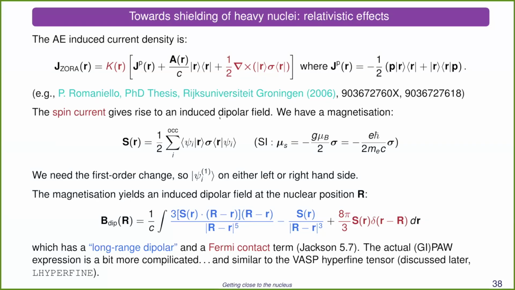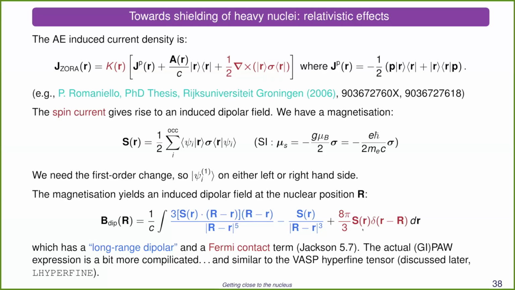And if you do lots of calculus, you can see that this whole story, this red story over here, gives rise to an additional magnetic field at the nucleus, which is due to the induced spin density. You see it over there, which has a dipolar form. This is this form, these two blue things over here, and the Fermi contact contribution, which is the red thing over here.